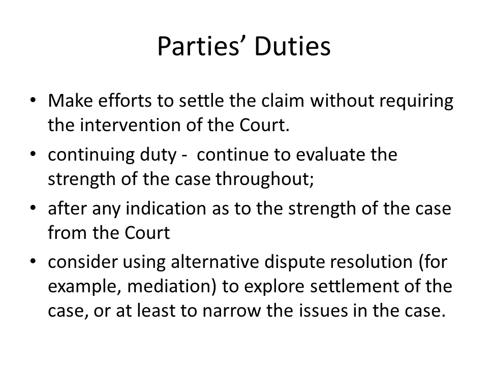This is what's meant by saying that there's a continuing duty on the parties. The parties have got this duty to further the overriding objective, and they should continue to evaluate their case throughout its progress. And the guidance from the administrative court on bringing a claim for judicial review suggests that this evaluation should happen after any indication as to the strength of the case from the court.